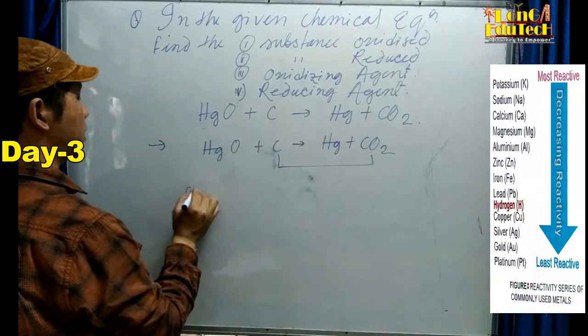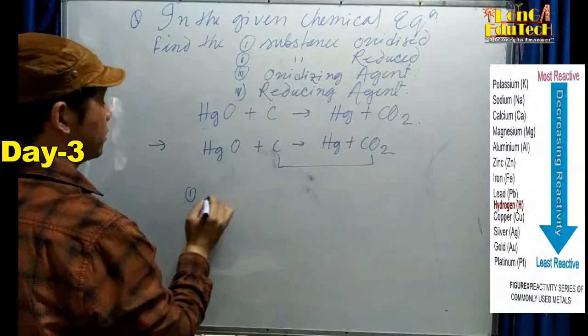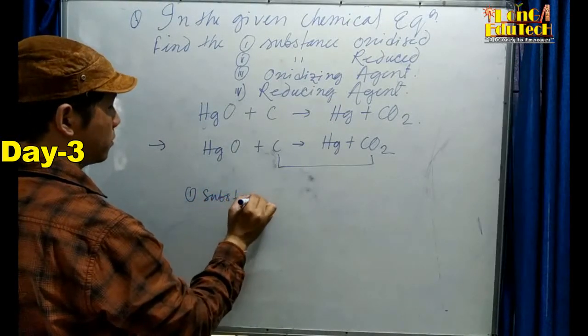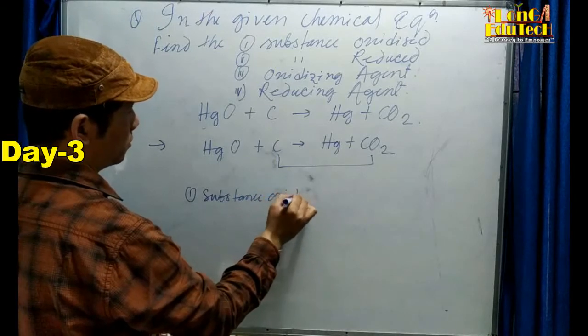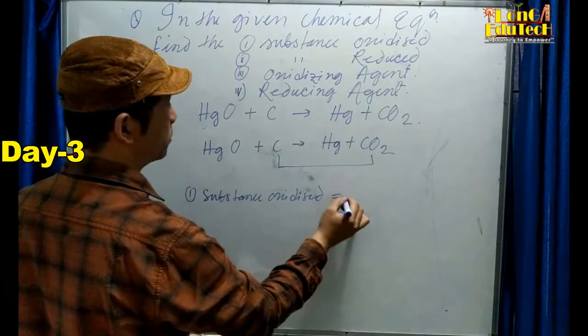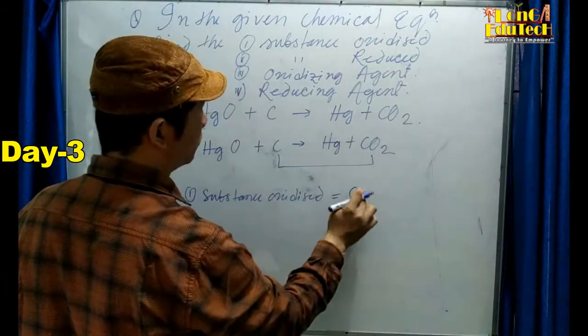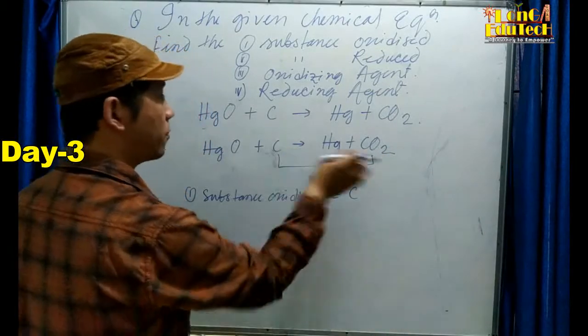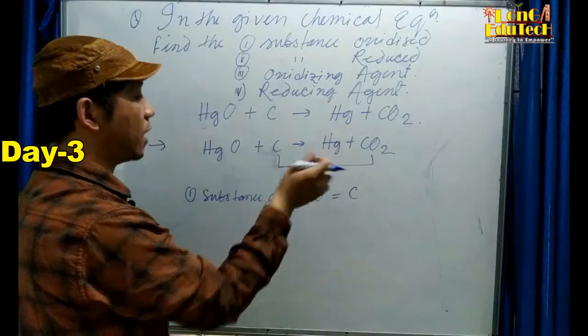So answer number 1, substance oxidized, is what? Carbon, not carbon dioxide. If you write carbon dioxide, that is wrong. Carbon dioxide is the product formed after oxidation.